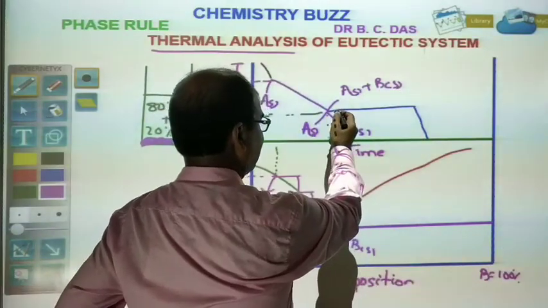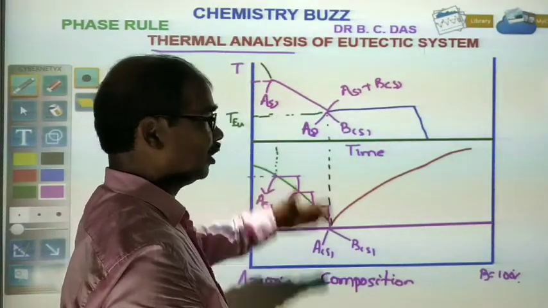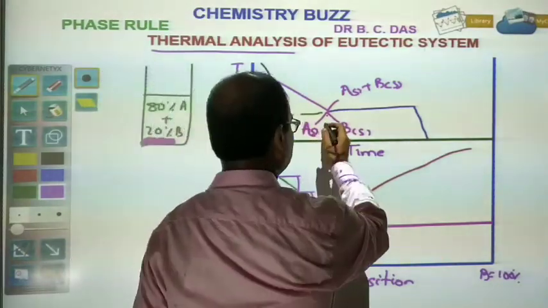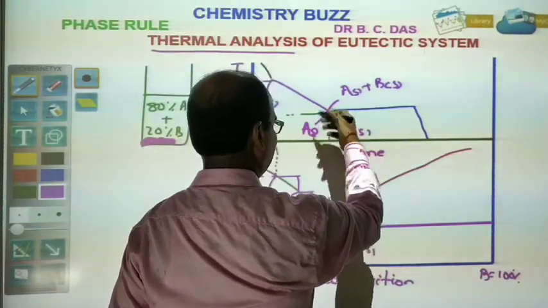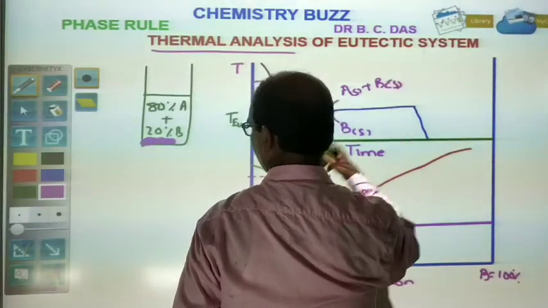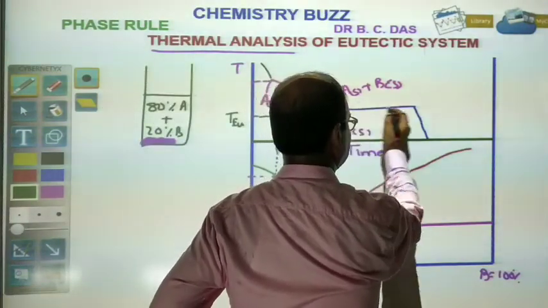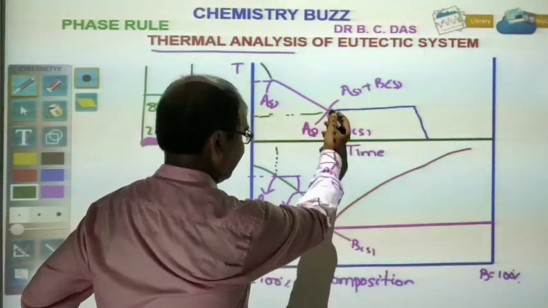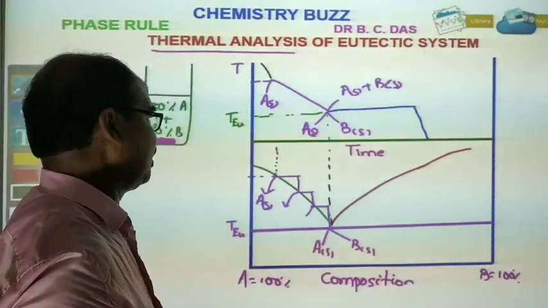So at this eutectic temperature, on further cooling, the temperature is not allowed to fall. The temperature will not fall if we cool further. At this temperature, the total solution will be converted to solid A and solid B. For complete solidification it takes time, and this point corresponds to the particular composition for eutectic formation.